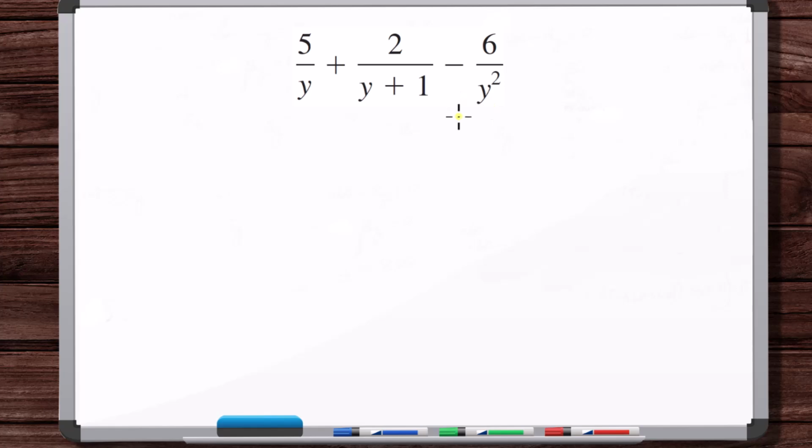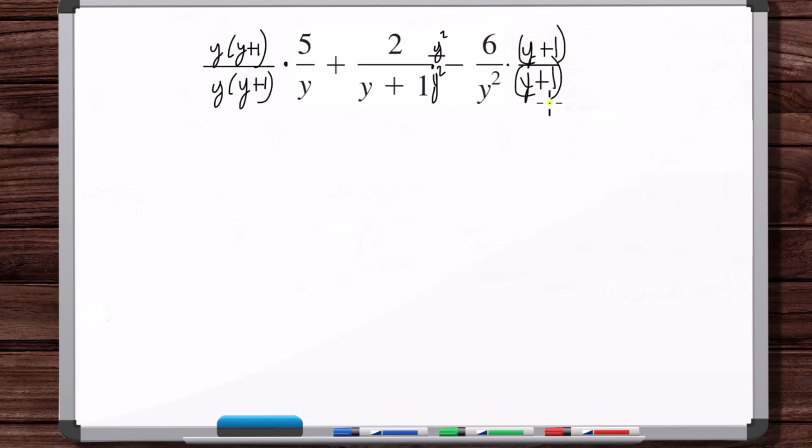Okay, so let's see. The common denominator is going to be y squared times (y plus 1). So we want to multiply this by y times (y plus 1) over y times (y plus 1). We want to multiply this by y squared over y squared. We want to multiply this by y plus 1 over y plus 1.